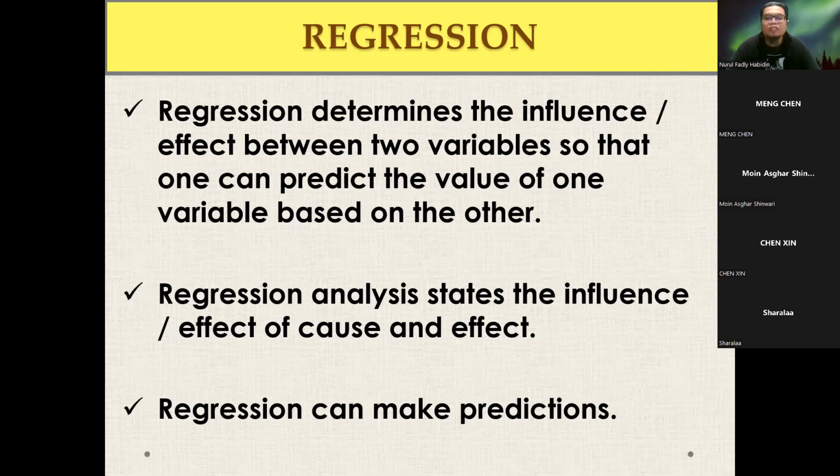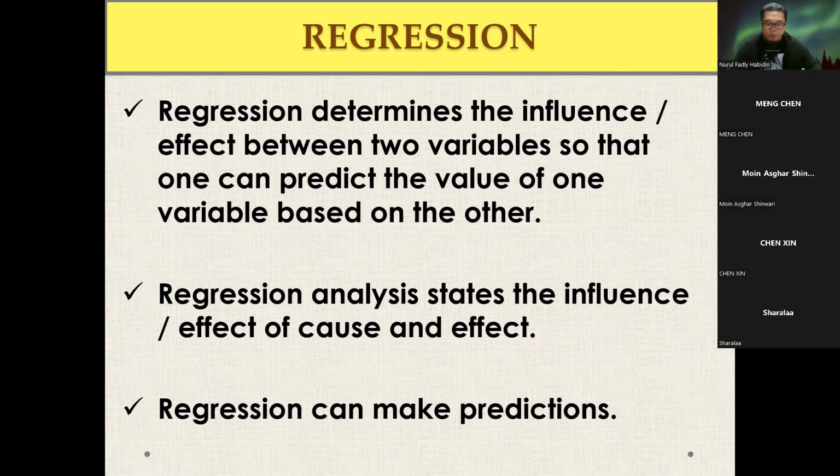Regression analysis states the influence, effect, or cause and effect. Regression can make predictions. So this is the difference between correlation and regression. Regarding the step, it is a little bit different. I'm not saying it is different, I say it is an extension. If you want to study regression, first of all you need to know the correlation also.